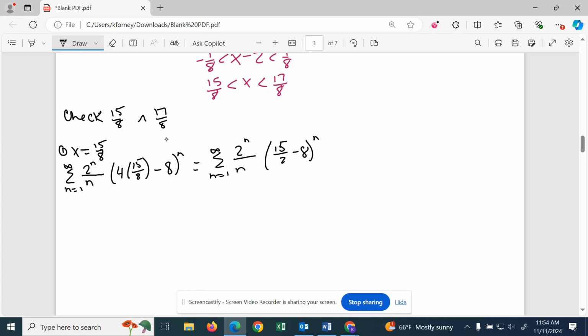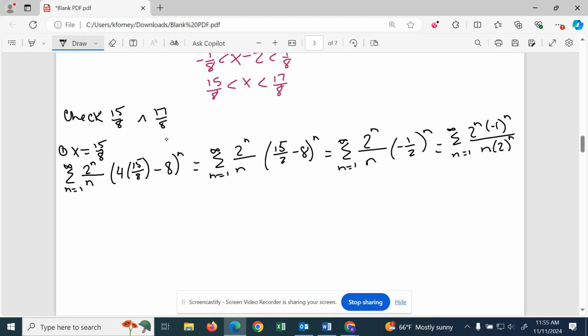So then again, we could have simplified this at one time. So that becomes negative 1/2 to the n. And now if we wanted to pull out the negative 1/2 and raise that to the n, pull out the negative 1, and then in the denominator you would have n times 2 to the n.